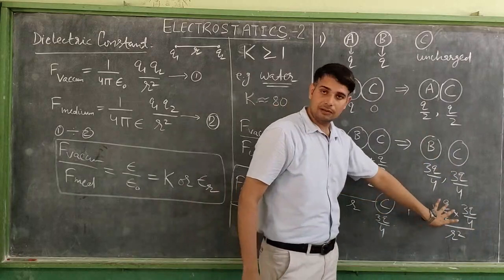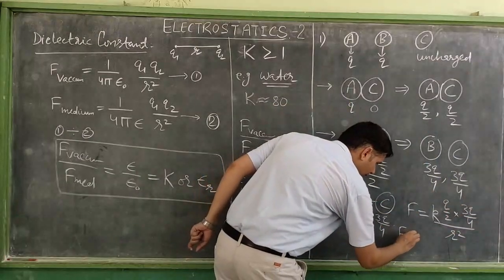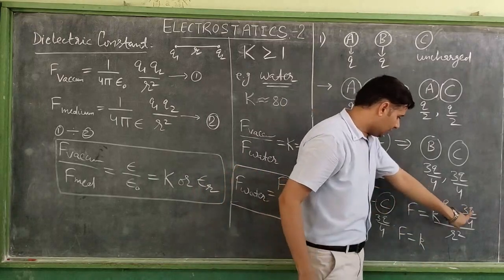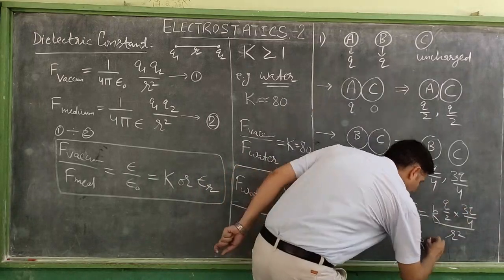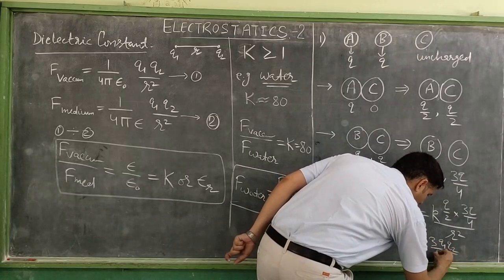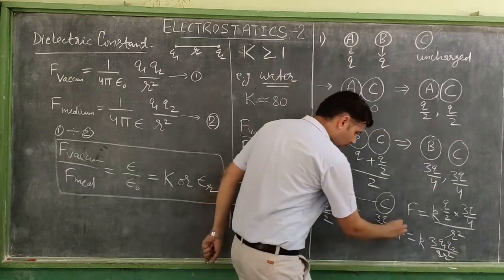Now simplify this. So F will be equal to K times 3 Q square divided by 8 r square. So this is the final result.